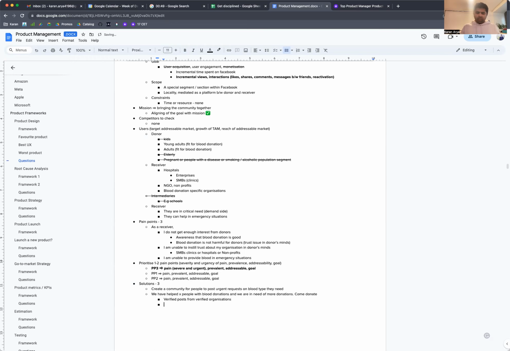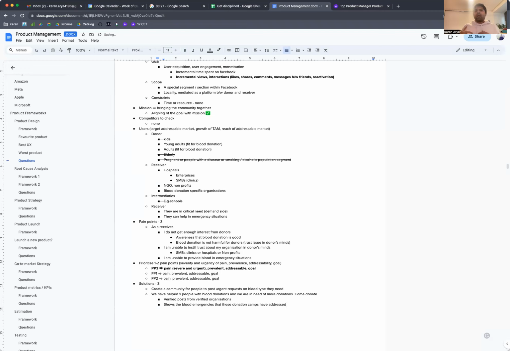Second, it shows the blood emergencies that these donation camps have solved, have addressed.